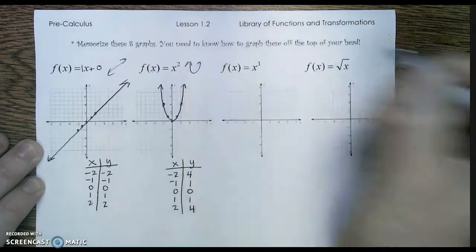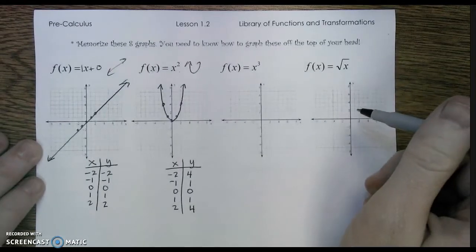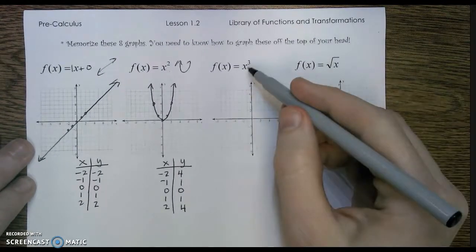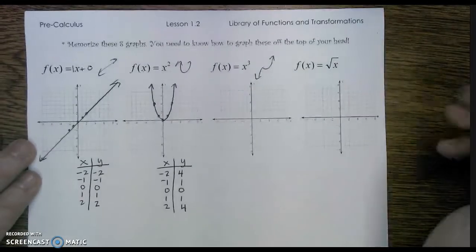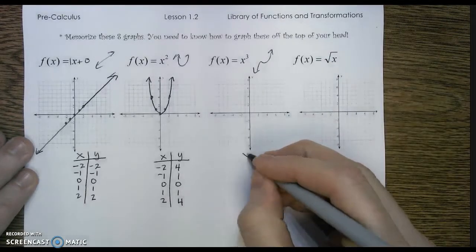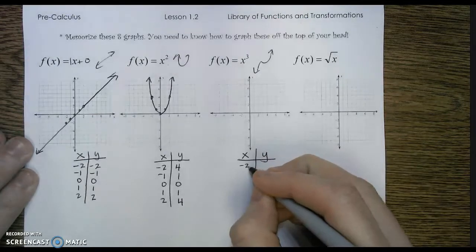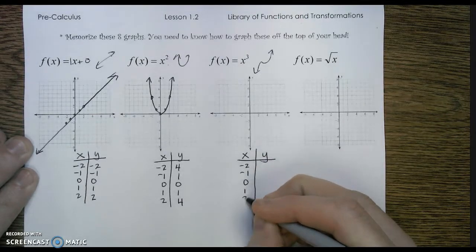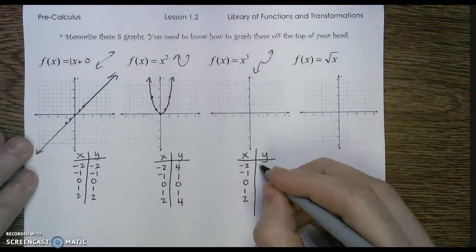And we can either have that memorized or we can remember our table of values. Here I've got x cubed. I know that that's going to look like this. But if I don't know that, then I can make a table of values. Let's plug in some negatives, plug in 0, plug in some positives. If I plug in -2, -2 cubed is -8.